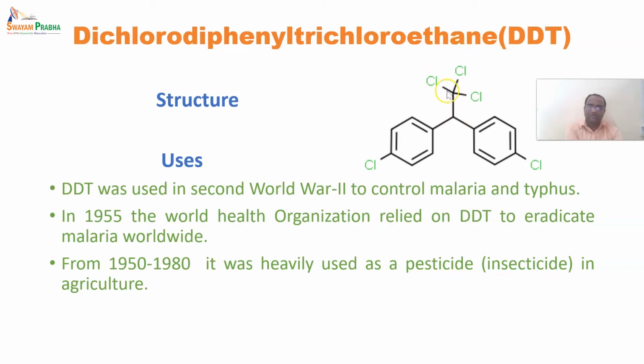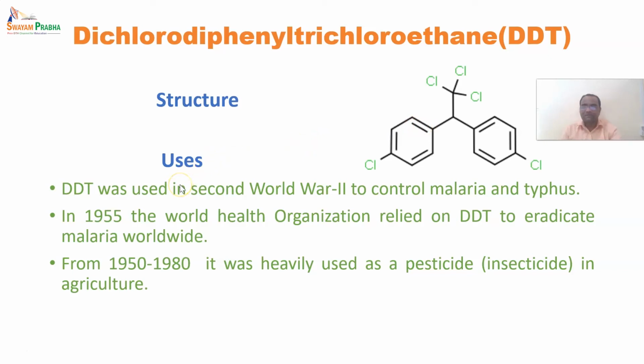It forms an ethane structure, and carbon number 2 of the ethane has been substituted by 3 chlorines, so it means trichloro. So instead of using the full form of this compound, it is recognized simply as DDT. So this is the structure of DDT, and there are some uses of DDT.